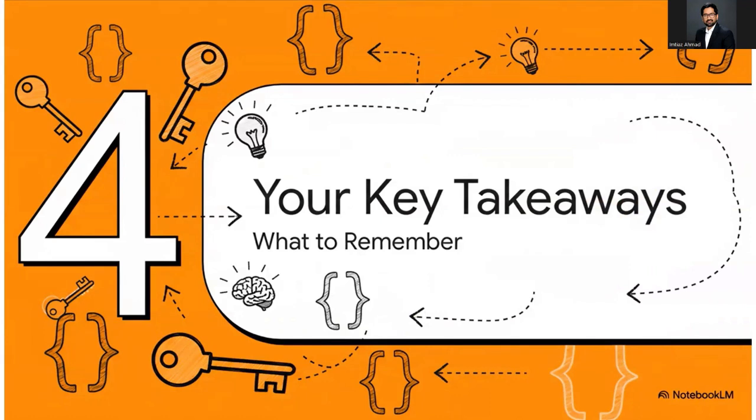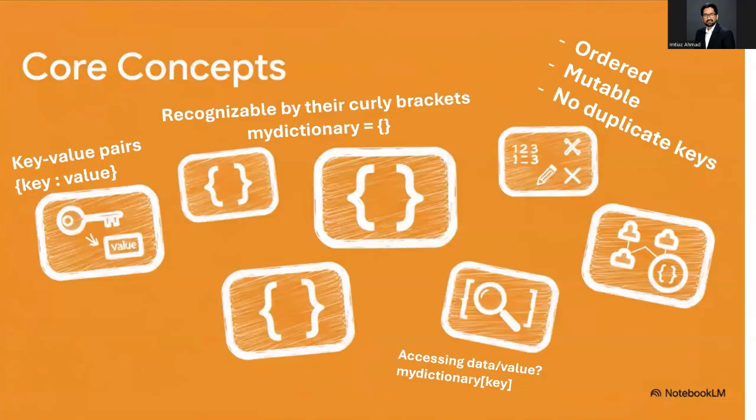Okay, that was a whirlwind tour of Python dictionaries. Before we wrap things up, let's just quickly nail down the key takeaways, the stuff you really need to remember. So here it is. At their core, dictionaries are all about key value pairs. You can always spot them by their telltale curly braces.